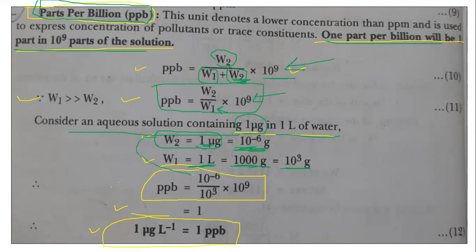W2 is 10 raised to minus 6, W1 is 10 raised to 3, as per this equation, into 10 raised to 9, that is equal to 1. So 1 microgram per liter is equal to 1 ppb, right? I think the concept is very clear to you now.